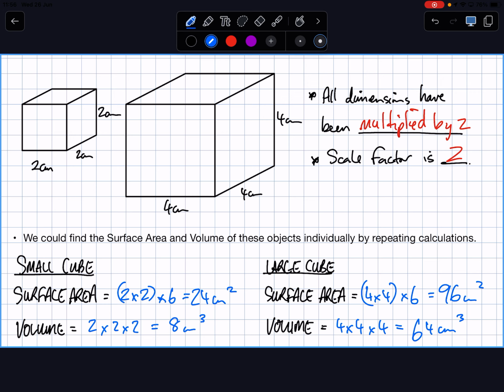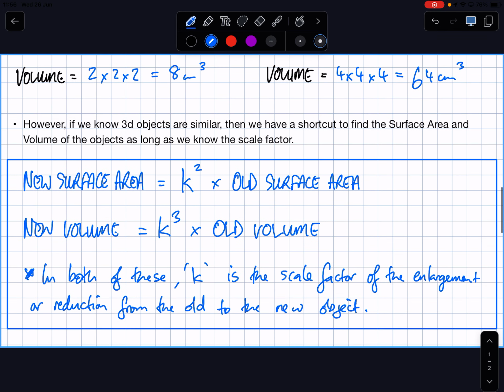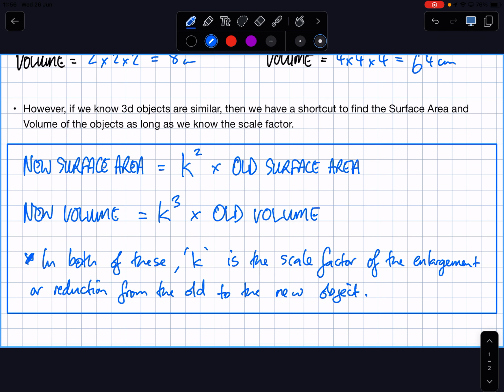Because if we know 3D objects are similar, then we have a shortcut to find the surface area and volume of the objects as long as we know the scale factor. So these are the formula that you need down to avoid doing that repetitive stuff. The new surface area of something is going to be k squared times the old surface area.